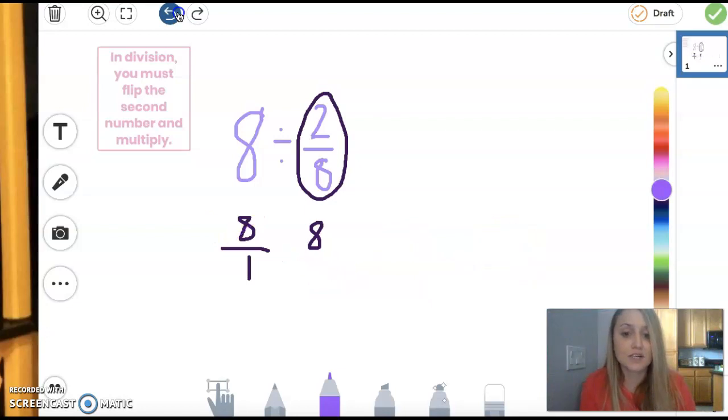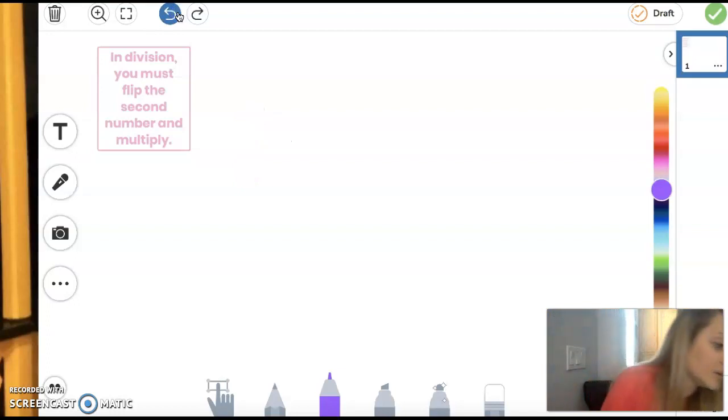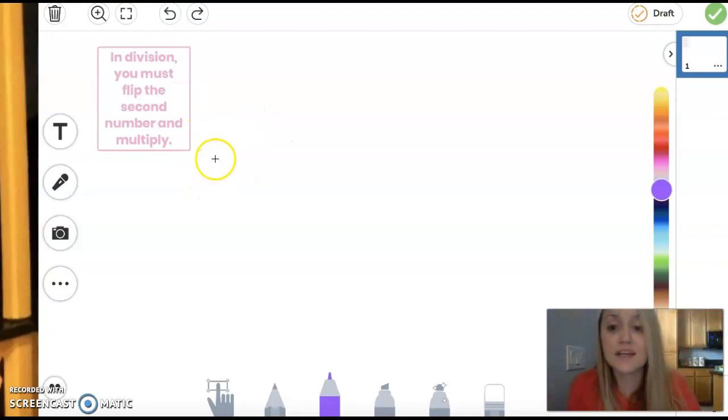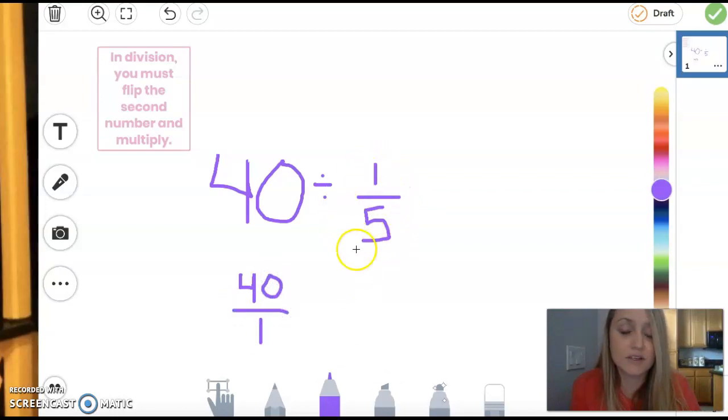All right, let's do a couple more examples. We have 40 divided by 1/5. Okay, so we're going to have 40 over 1. We have to flip the second number and multiply.